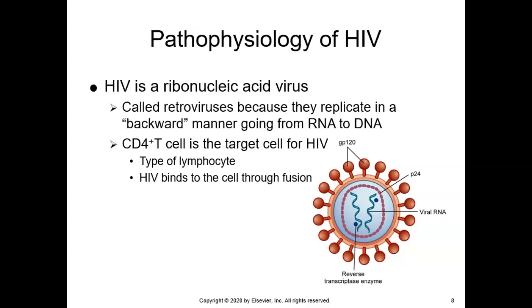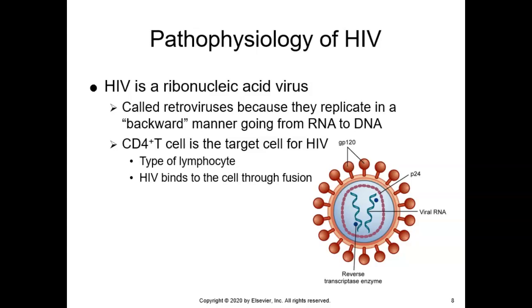So remember, HIV is a retrovirus, right? That's backwards. It is not the normal process. Normally, cells go from DNA to RNA, not RNA to DNA. And we already spoke to it, and here it is a reminder that the CD4 T cell is the target for HIV. It's a lymphocyte.